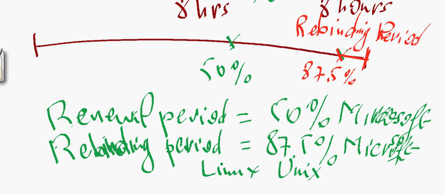Remember that this is not a fixed value. 50% and 87.5% are just default values used by the Microsoft operating system. In Linux and Unix, they use different default values. The second point is that you can also change these default values just by going to the operating system and changing the values. You can do that if you want. However, you can stick with the default values. It's not a big problem.